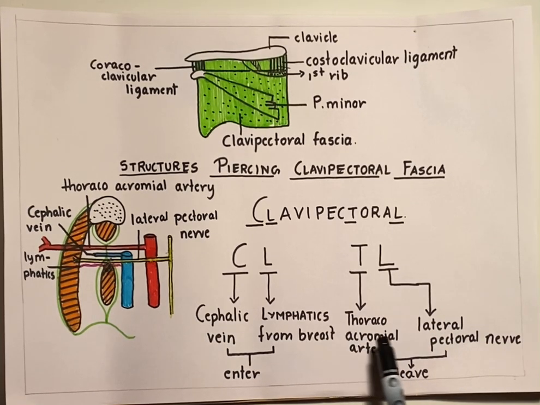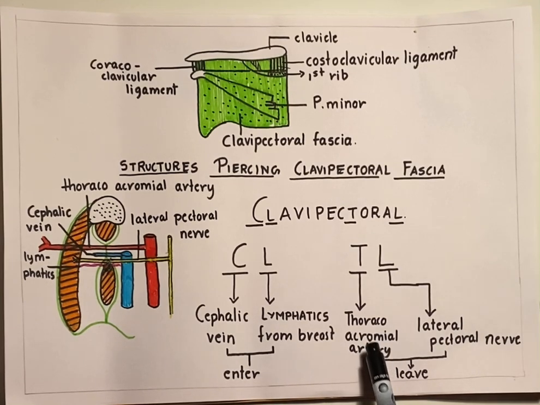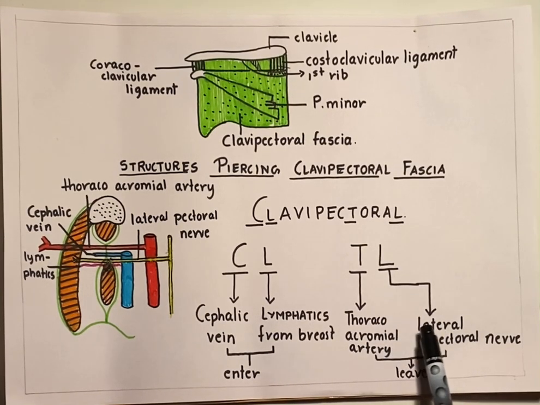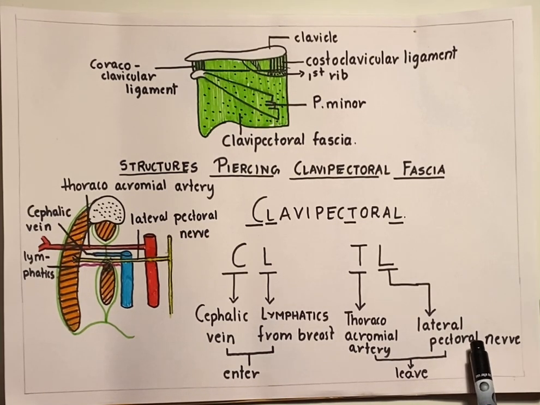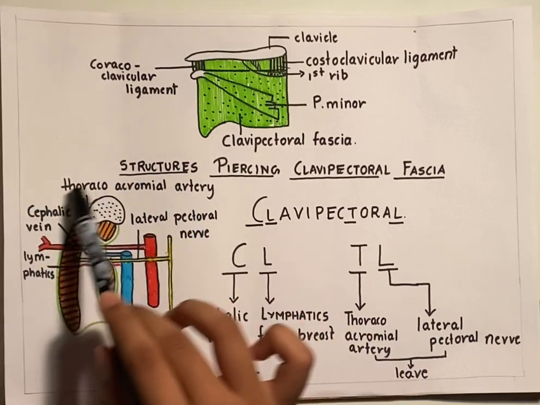The thoracoacromial artery is a branch of the axillary artery, whereas the lateral pectoral nerve is a branch arising from the lateral cord of brachial plexus. Both of these structures leave the clavipectoral fascia, or rather they pass outwards. Let us represent this in this diagram.